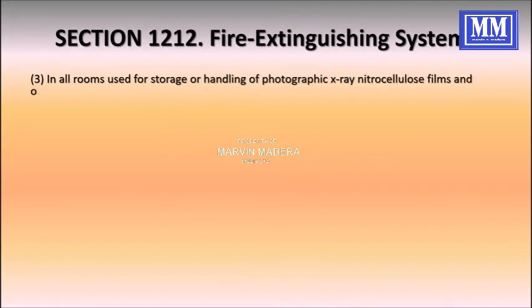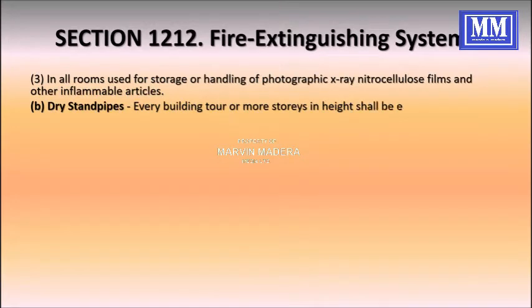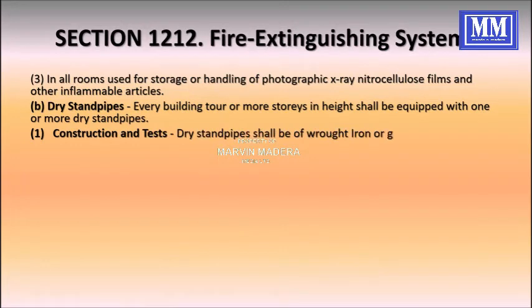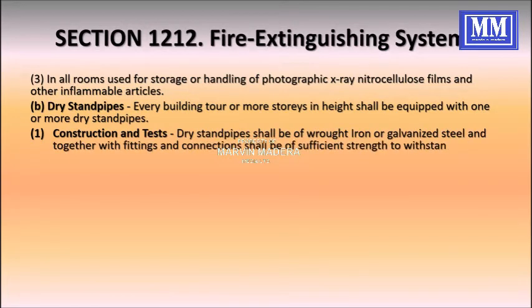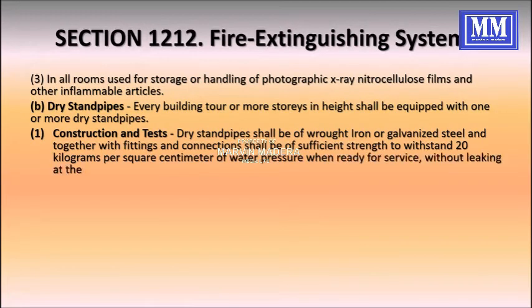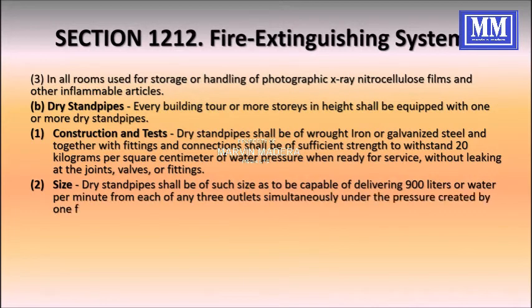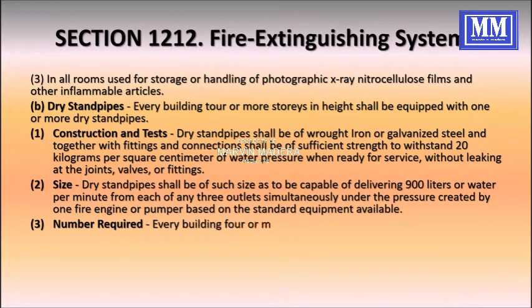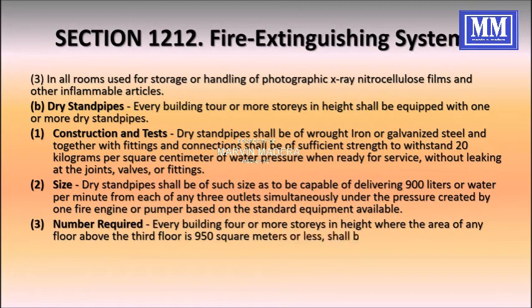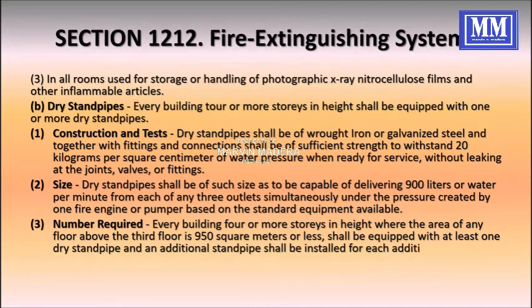In all rooms used for storage and handling of photographic, X-ray, nitrocellulose films, and other inflammable articles, every building, tower, or other stories in height shall be equipped with one or more dry standpipes. Dry standpipes shall be of wrought iron or galvanized steel, and together with fittings and connections shall be of sufficient strength to withstand 220 kilograms per square meter of water pressure when ready for service, without leaking at the joints, valves, or fitting.